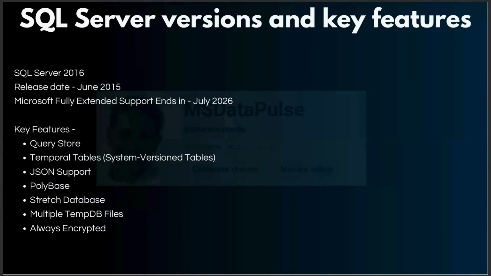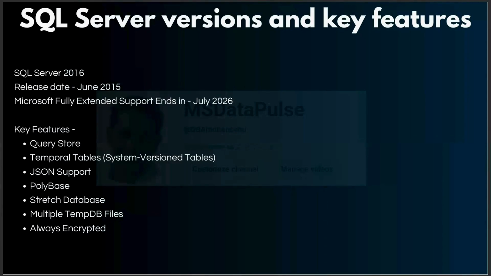Key themes included better data protection using Always Encrypted, querying unstructured data using JSON or PolyBase, and in-memory optimizations. Note that SQL Server 2016 reached the end of mainstream support in July 2020 and extended support will end in July 2026.